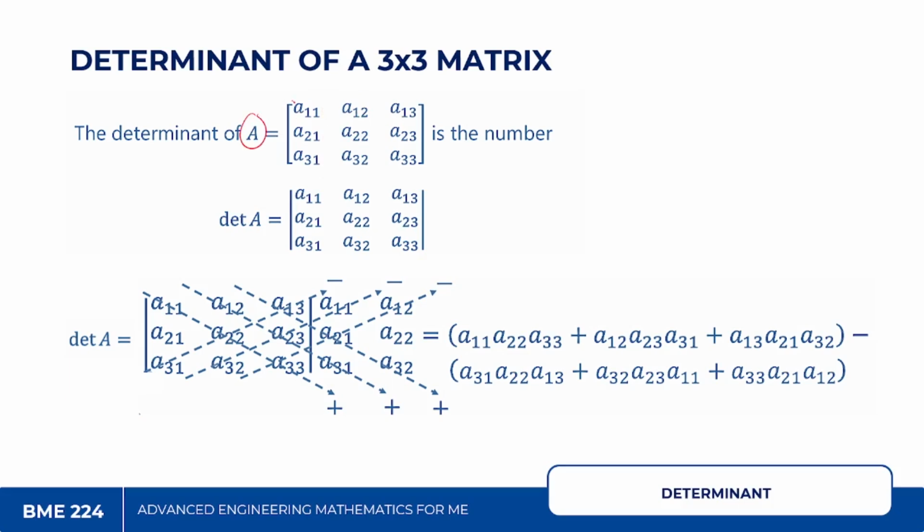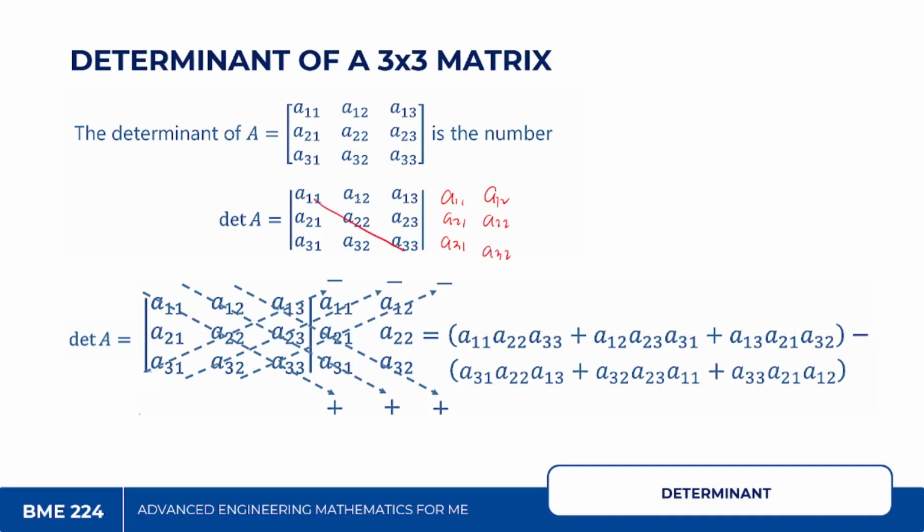This is the matrix in brackets. If we take the determinant, that will be changed to vertical bars. So the determinant of A, and then the first two columns you bring back here: A sub 1,1, A sub 2,1, A sub 3,1, then A sub 1,2, A sub 2,2, A sub 3,2. And then you get the diagonals.